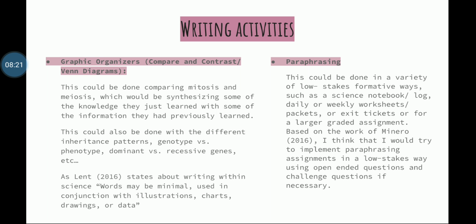So the next writing activity would be paraphrasing, and this could be done in a lot of different ways that are low stakes or high stakes. Personally, I would do low stakes and formative, such as a science notebook or log. This could also be daily or weekly worksheets, packets, exit tickets.